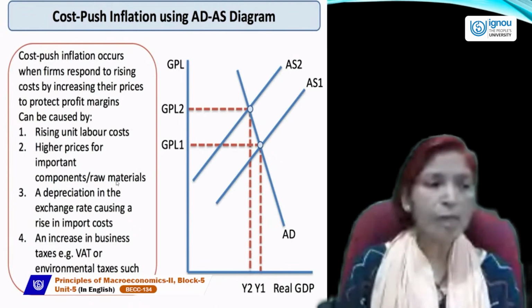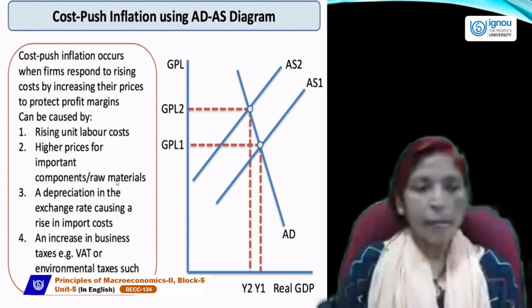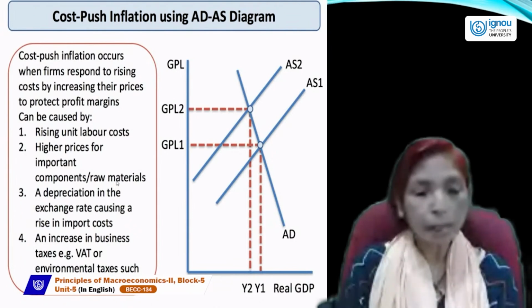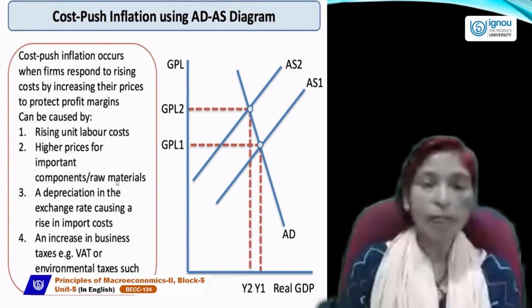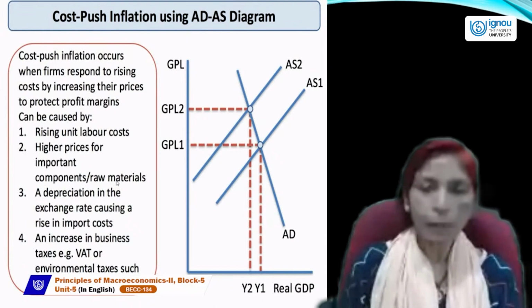If the cost of production increases, like labor cost increases, transportation cost increases, raw material is available at a higher price, if depreciation is increasing, and if the government is imposing more taxes on producers, all these are included in the cost of production.